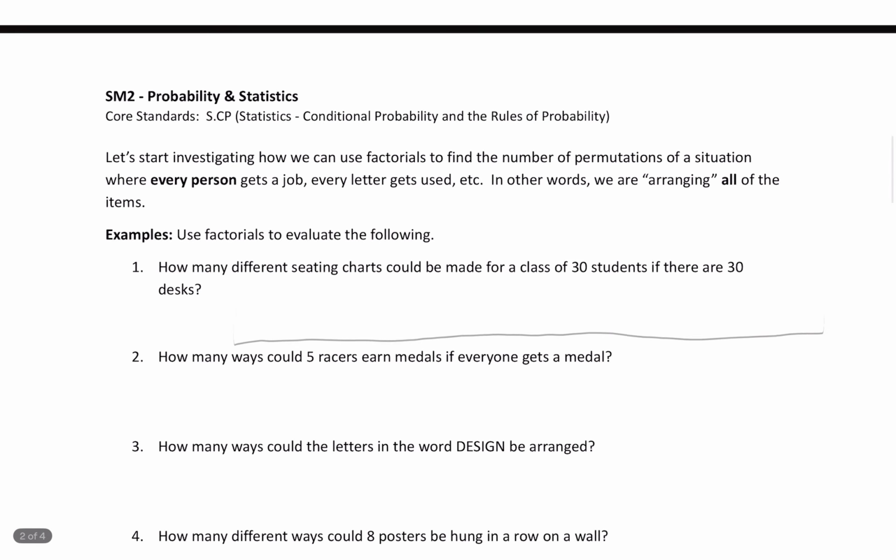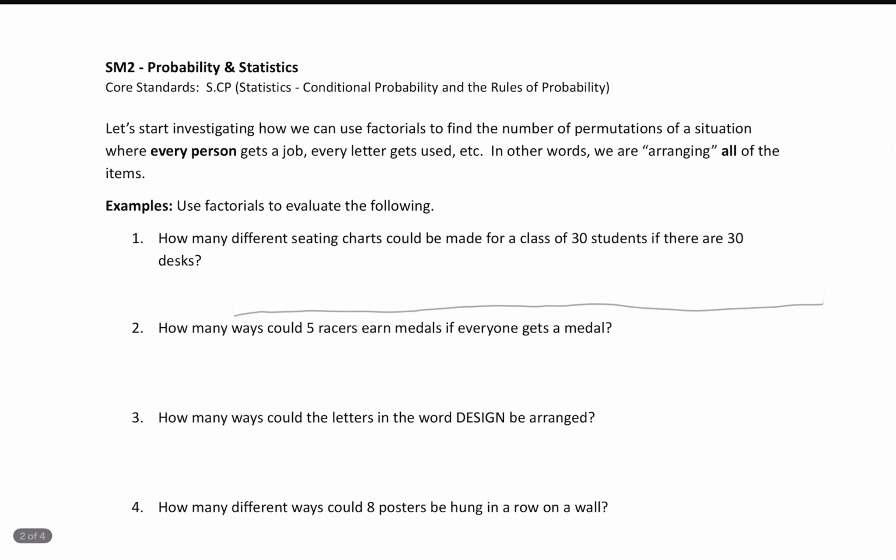So, let's do some examples of factorials here. Looking at example 1, how many different seating charts could be made of a class of 30 students if there are 30 desks? Well, we have 30 students and we have 30 desks, so in our calculator we're just going to put in 30 factorial. When you put 30 factorial into your calculator, you get such a large number that it doesn't even make sense.